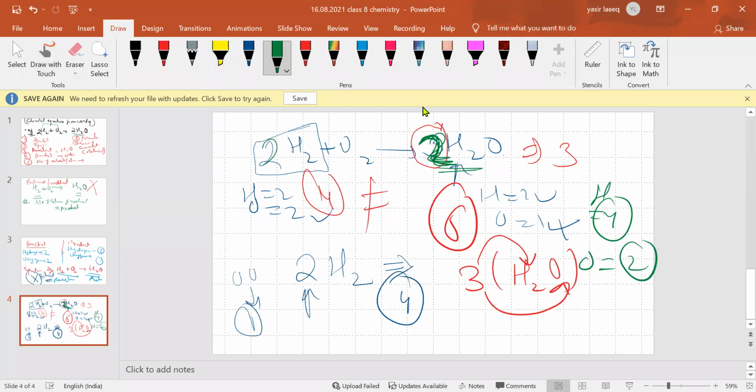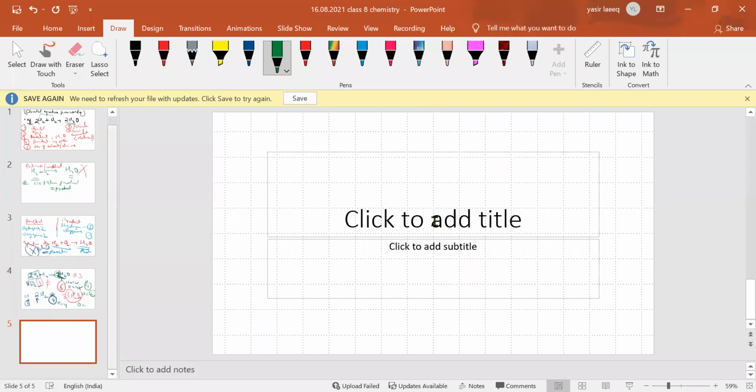And if we put 2 here again, hydrogen will be 4 and oxygen will be, how many oxygen will be there?